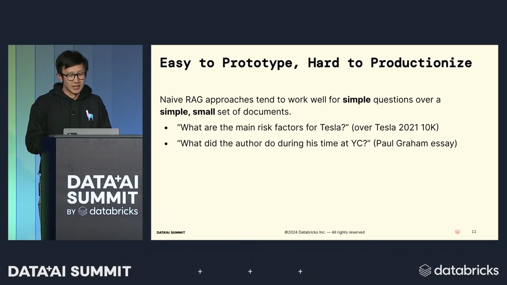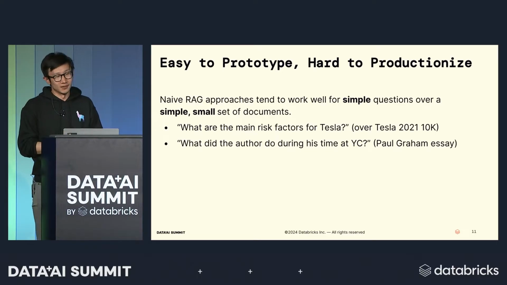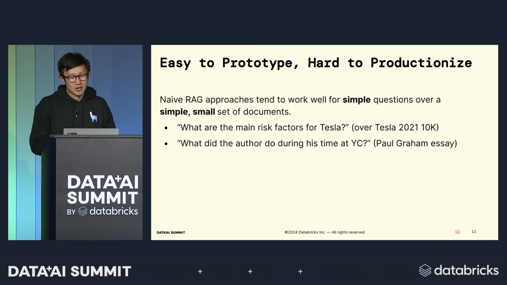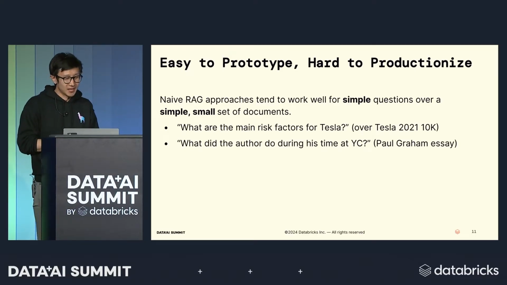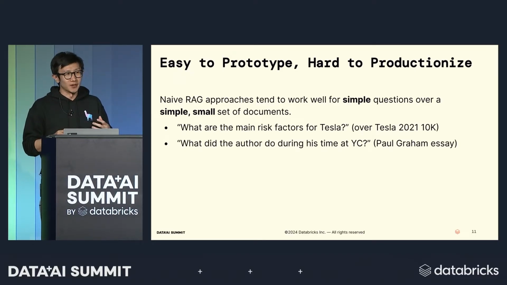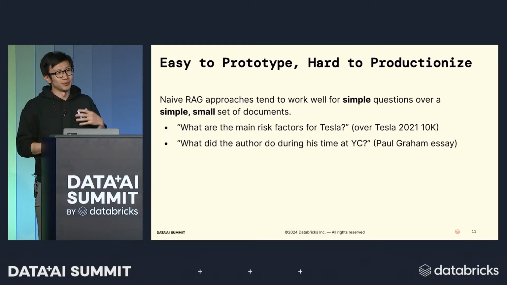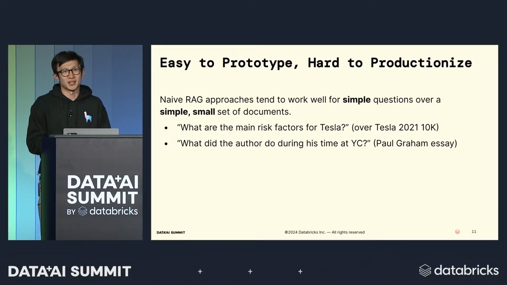For instance, if you have a single annual report from Tesla or any other tech company, or our classic benchmark data set like the Paul Graham essays, and you ask a question about a specific paragraph in that data, naive RAG tends to do pretty well, because these days embedding search, being able to match on the semantics of a given piece of text, is not bad. So if you have a question about a specific fact, you're generally able to retrieve it. And then because the LLM can see that context in the prompt, you're able to synthesize a proper answer.